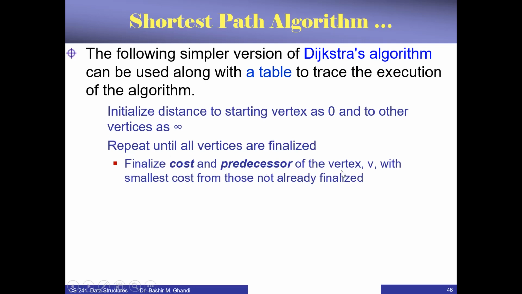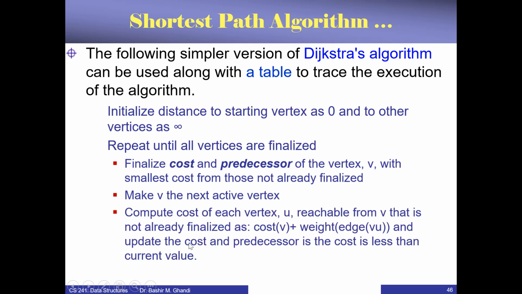Once you finalize the current vertex, make it your next active vertex. So assume now you are not at the starting vertex, but at this vertex V that you have just finalized. Ask yourself, where can you reach from V?